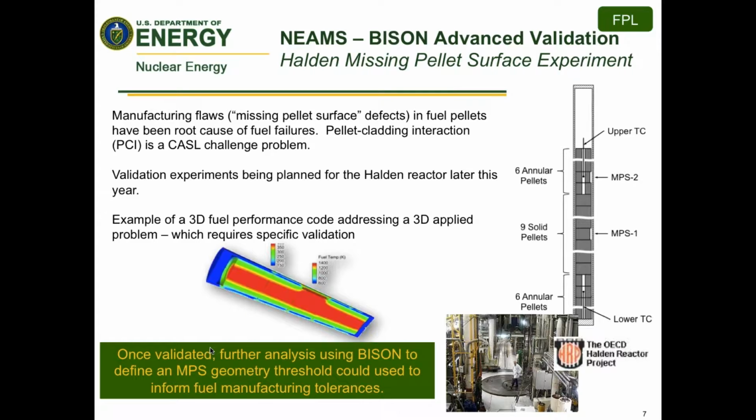And once validated, we believe that will help us. Bison can then be used to develop better fuel and to inform fuel manufacturing tolerances. This would be a significant advantage.